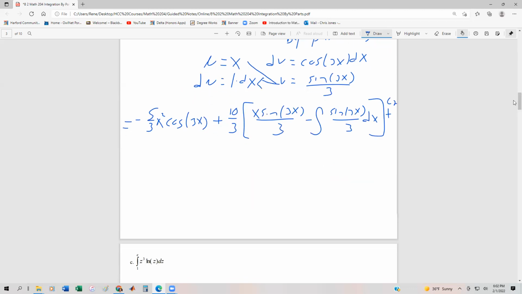Now, last thing I'm going to do is take the antiderivative of this sine 3x, which is going to be a negative cosine 3x over 3, but we already have a 3. And then I'm also going to distribute the 10 thirds. In fact, I'll wait till the end to do that. All right, so next line is going to be negative 5 thirds x squared cos 3x plus 10 thirds. We're going to keep that x sine 3x over 3.